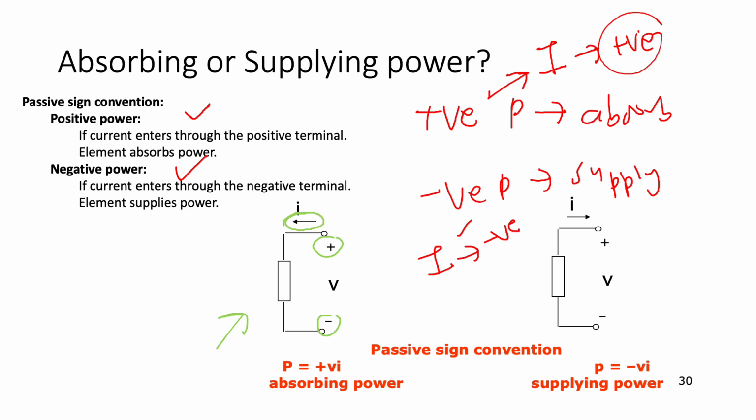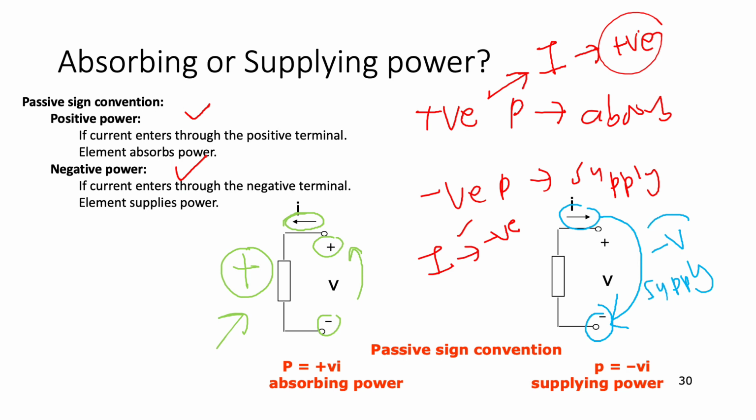Now, your current here is entering towards the positive, so the power here is positive. Now let's see what happened to the current here. Your current is entering the negative. When your current is entering the negative, it's a complete loop, right? It means supply, it means your power here is negative. Your current here is entering the positive, meaning absorbing. Your current here is entering the negative, it is supplying power.